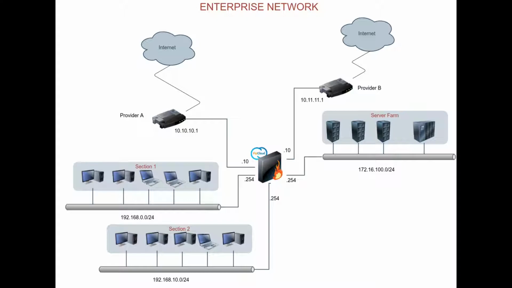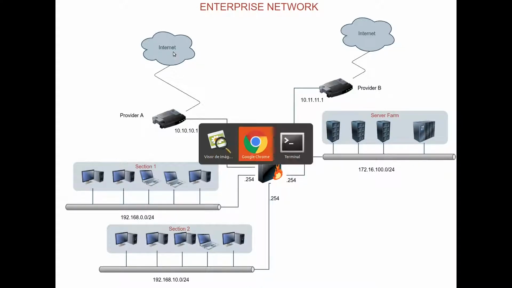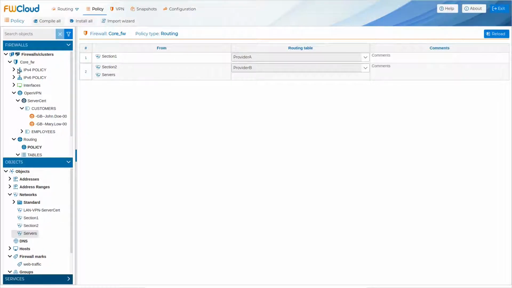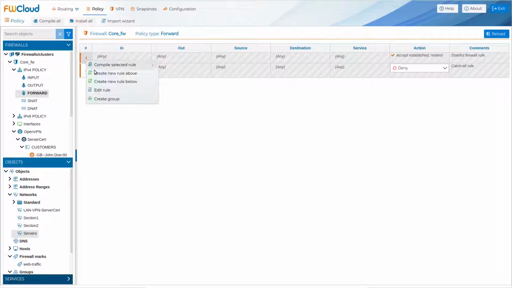Now we are going to show another example. This time we want specifically that all web traffic from all our networks goes through the provider A. First we create a rule for marking this traffic.